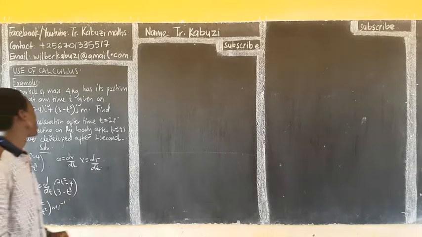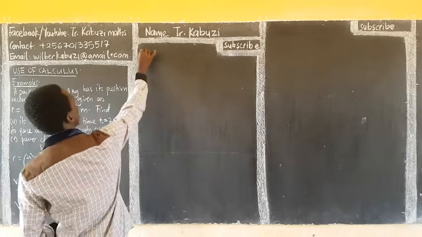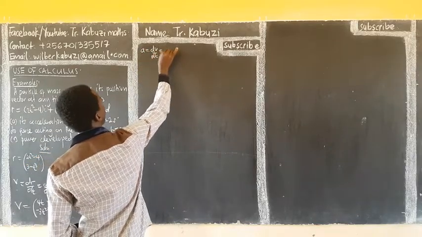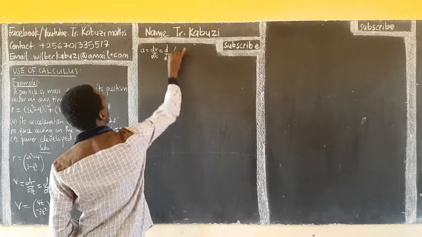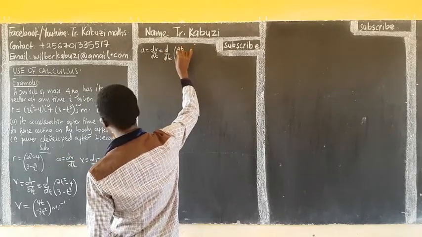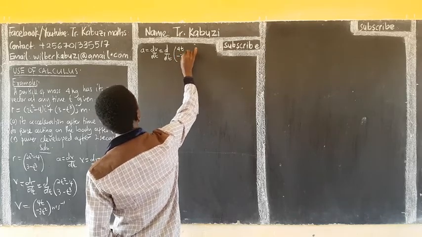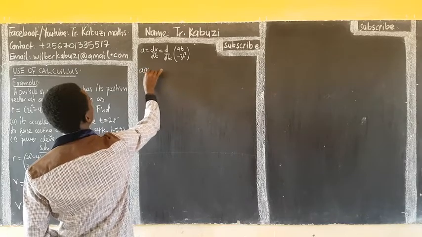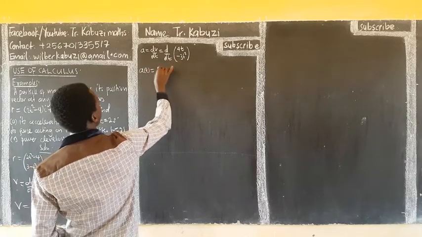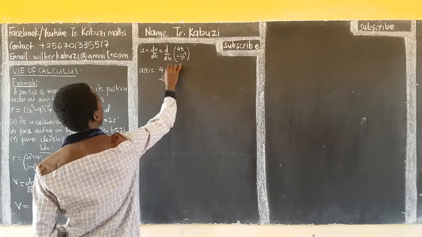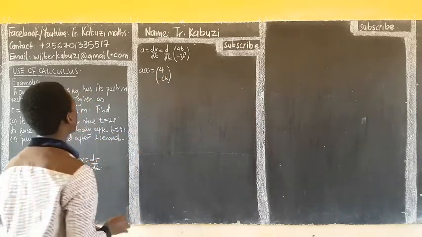That is our velocity, but our acceleration is dv/dt, which is the derivative of the velocity, 4t minus 3t squared. So our acceleration at any time t will be 4 i, then negative 6t j.